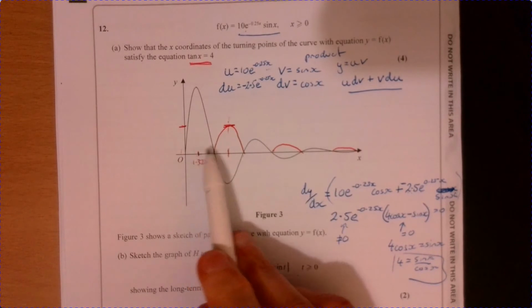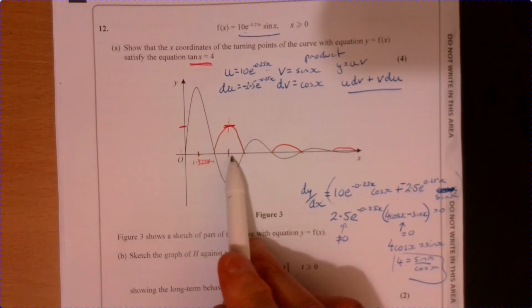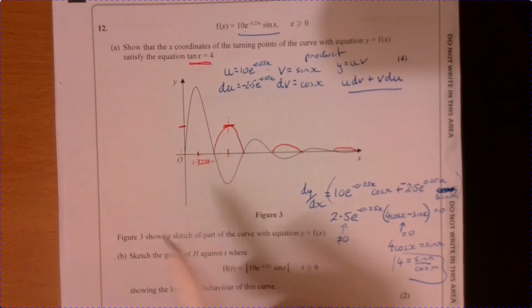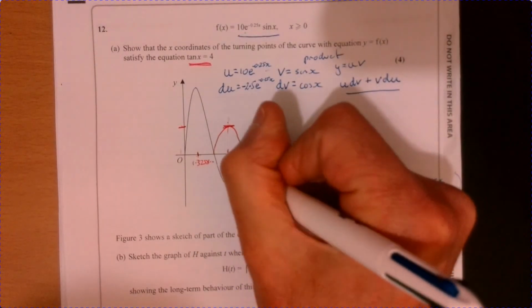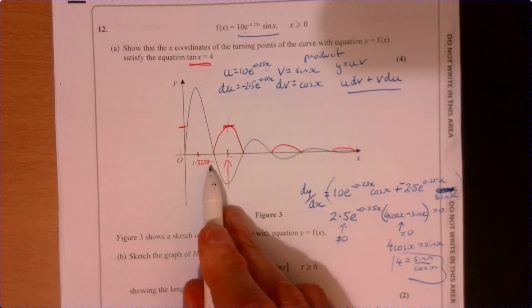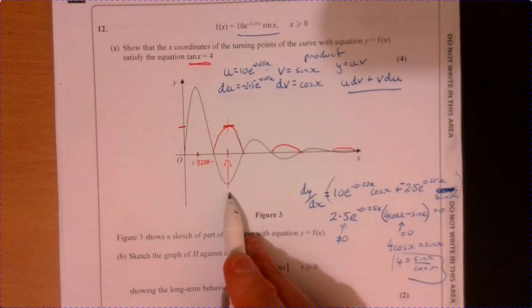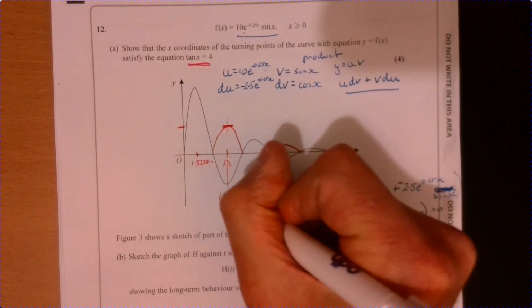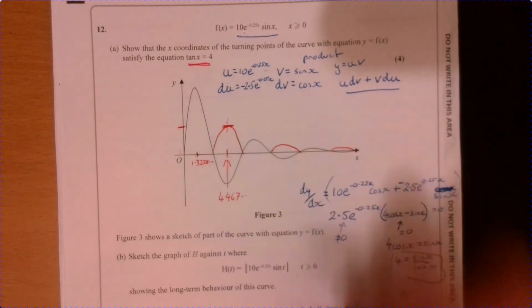Obviously, there's a little bit more to that. The period of tan is pi. It's like plus 180, isn't it? But remember, we're working in radians. So this value here is 1.3258 plus pi, and that's going to give you 4.467 and a little bit more.